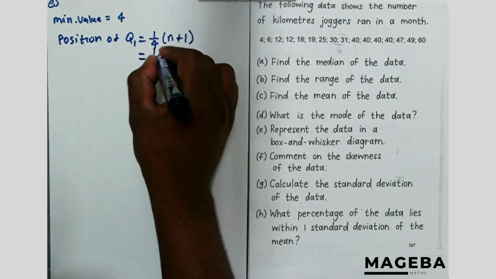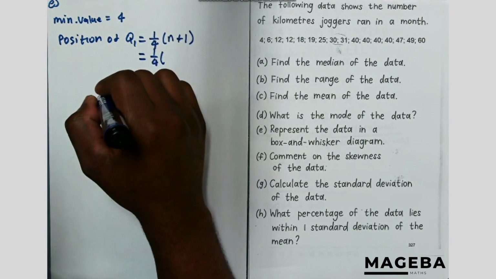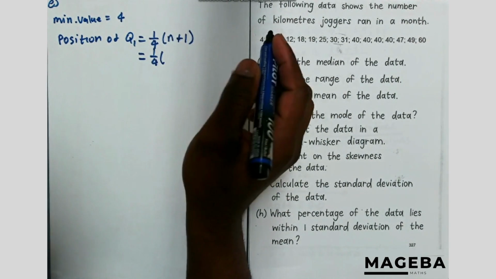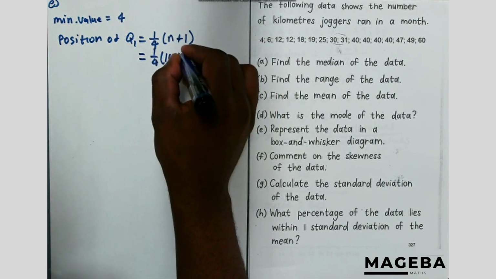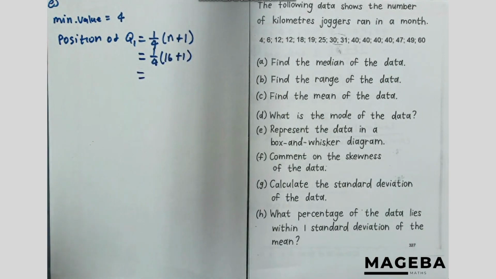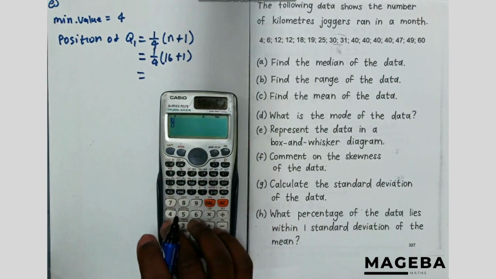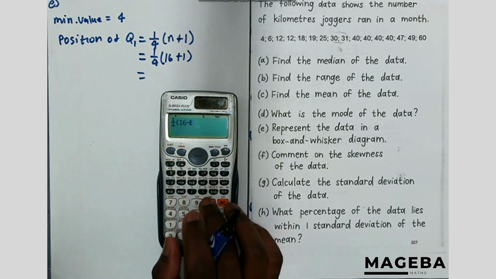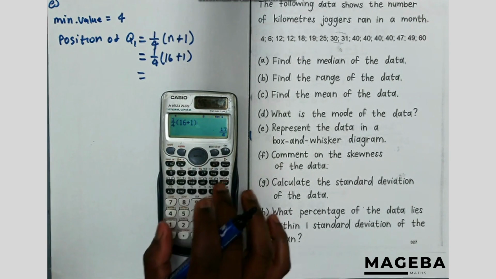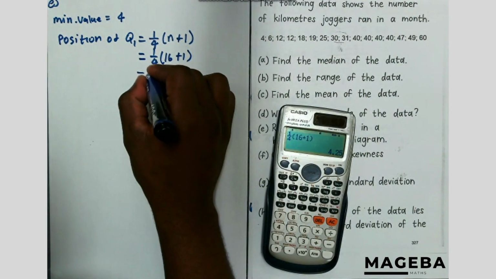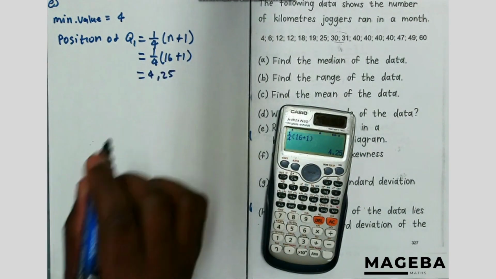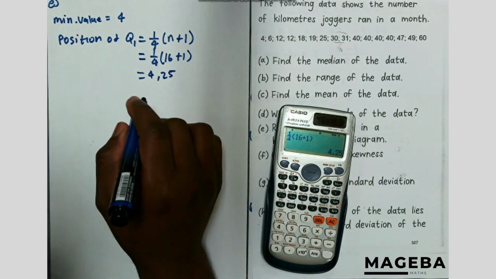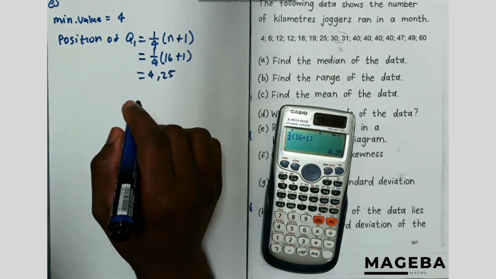Here n is the number of values that we have, which is 16 values, plus 1. Then 1 over 4 into 16 plus 1, we found 4.25. Remember, this is the position, it's not Q1. This number is a position where we're going to find Q1.